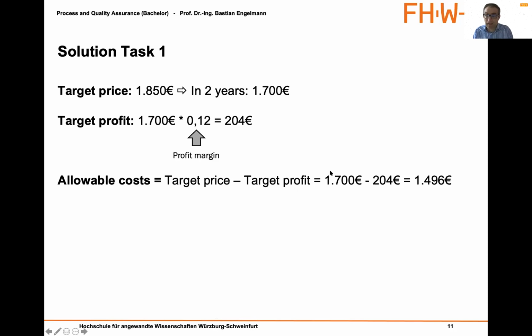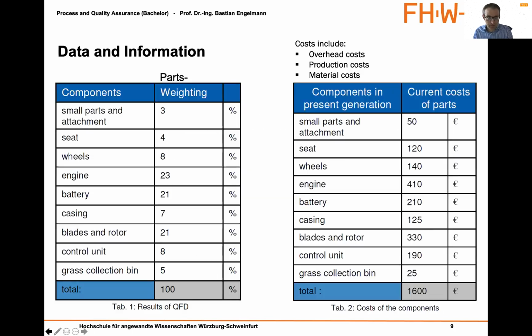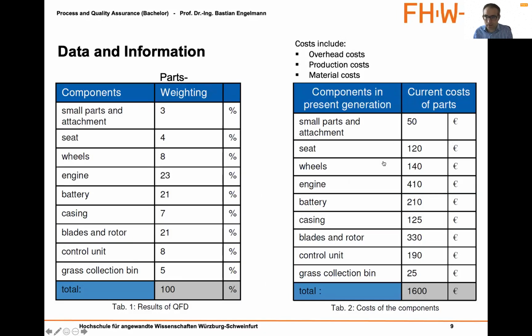So when we have the allowable cost, the next question is, what are the drifting costs? Just have a look at the table. I will initialize the answer possibility on Pingo and keep it open for you, and in a second you can answer from Pingo.